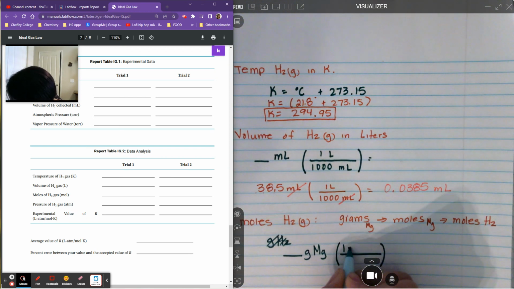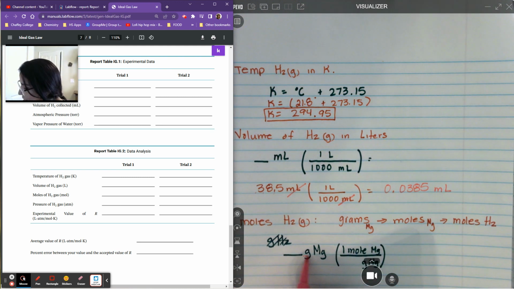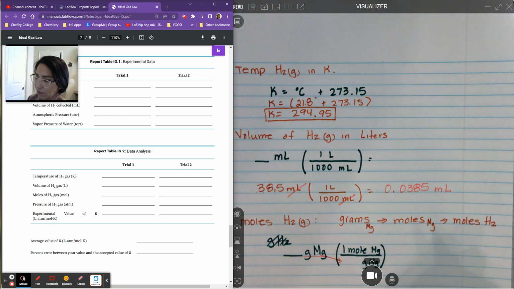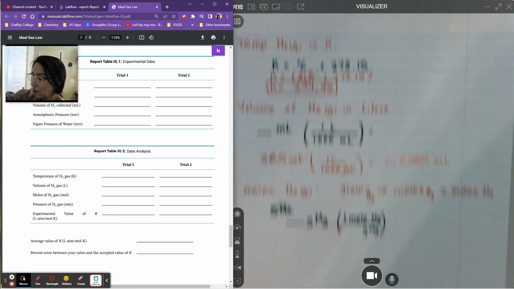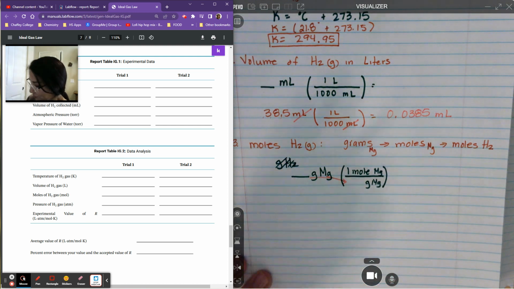The first step is we want moles of magnesium, and that means grams of magnesium is going to go on the bottom. And remember, this unit that you have here, bring it down, and you're able to see that this unit goes on the bottom.